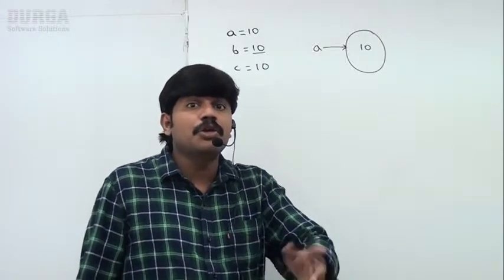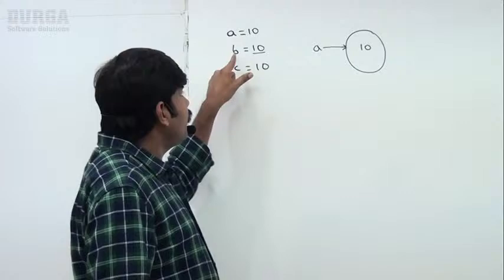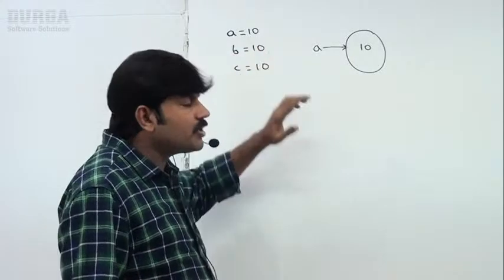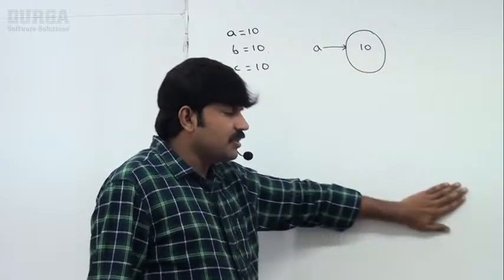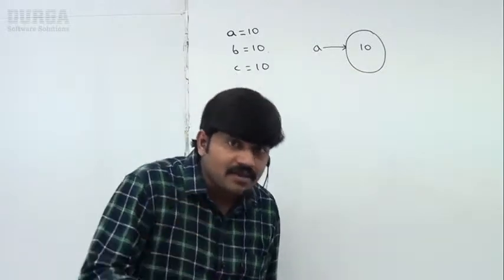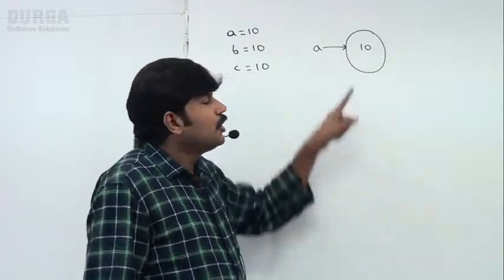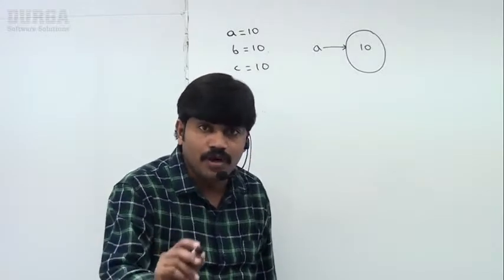This is object reusability. If the Python virtual machine is required to create an object, it won't create that object immediately. First it will check whether any object is already there with the required content. If so, it will reuse the existing object only. It is not going to create a new object.